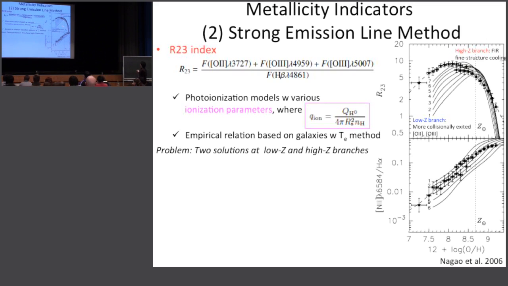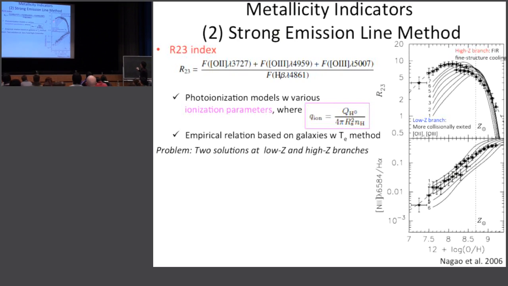This right panel shows the R23 index as a function of the oxygen abundance. The dashed line shows the empirical relation calibrated using the R23 index and the direct temperature method calculation. And you have many solid lines here.